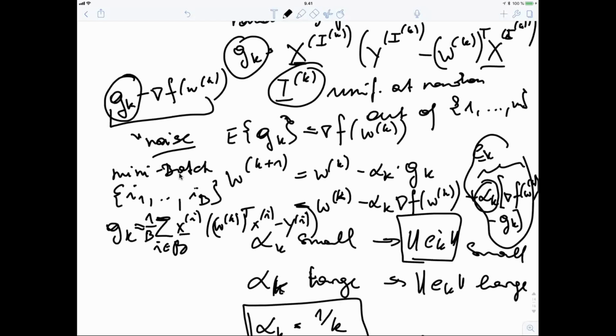And if this noise is smaller, so the error is smaller, you will typically get better results, or get closer to the optimum after the same number of iterations. So I'm not sure if this is related to that question, but we don't take into account any parallel computers here.